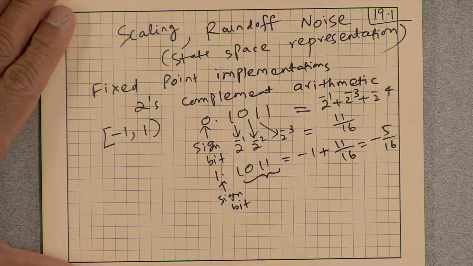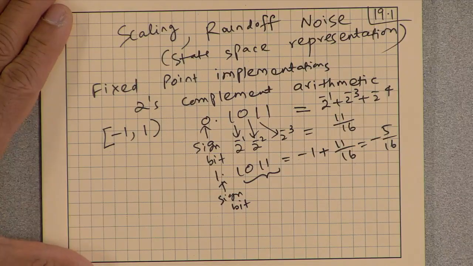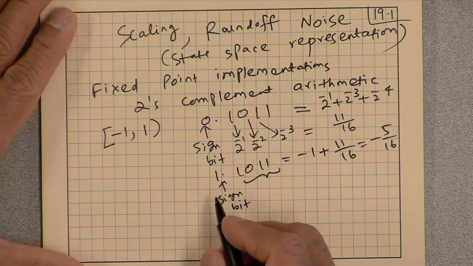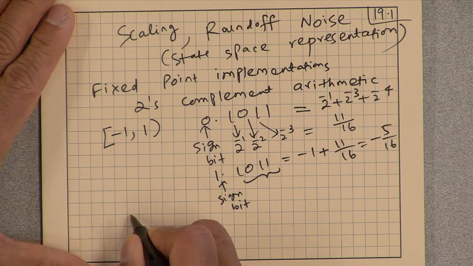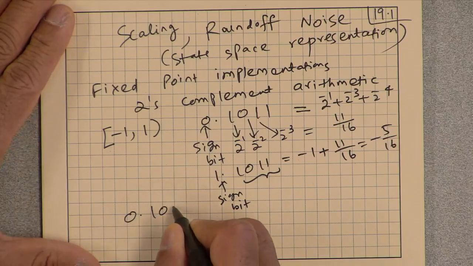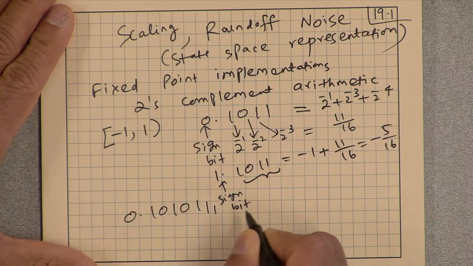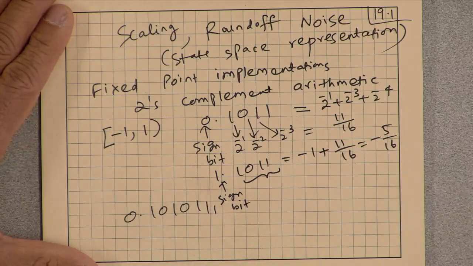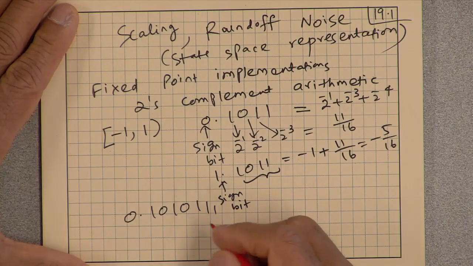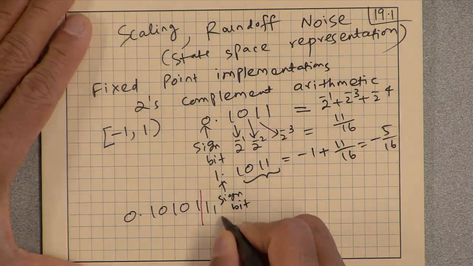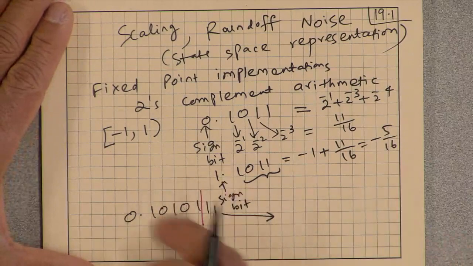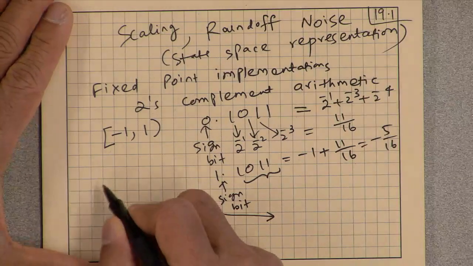there are two kinds of approaches to reducing the number of bits. So let's say I have a number 0.1010111, and let's say that I want to reduce that to a shorter word length. So what happens when we do a multiply add?